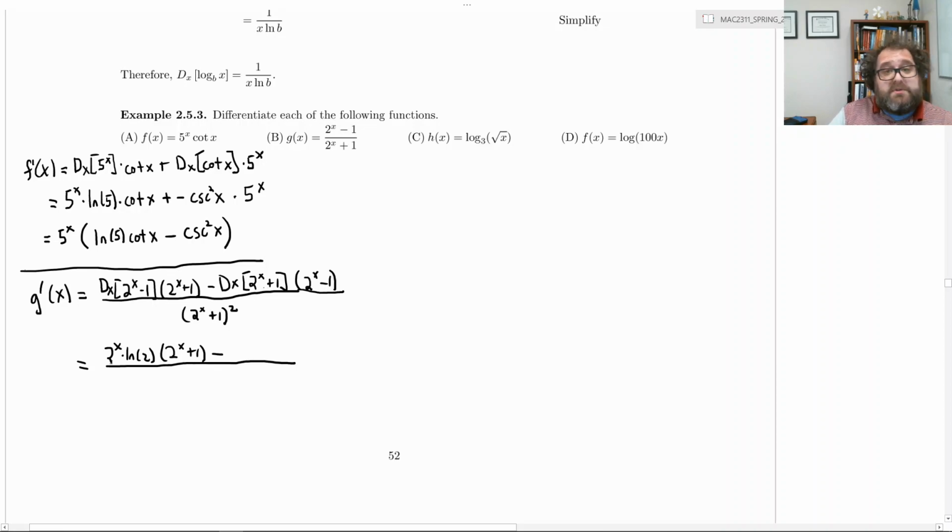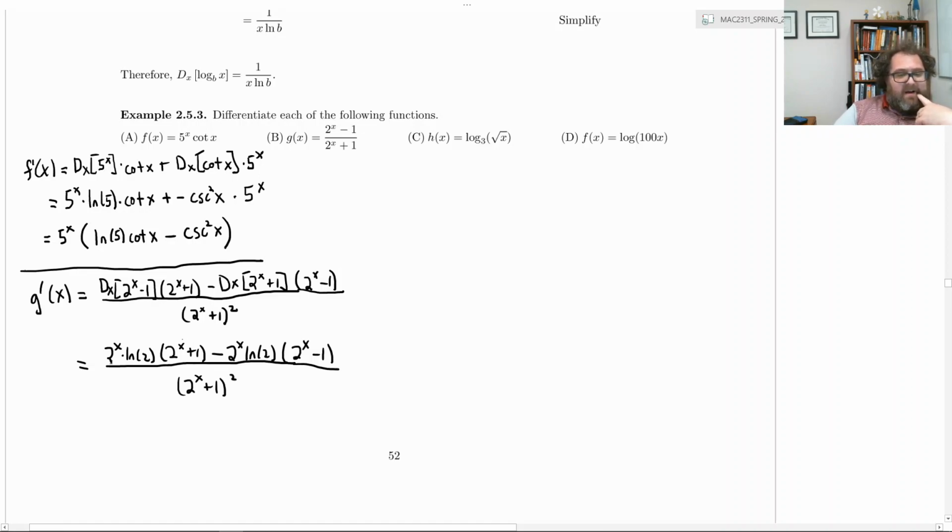Again, the sum difference rule says you can take the derivatives individually, and so you get 2 to the x times natural log 2, and the derivative of 1, of course, is 0, times 2 to the x minus 1, over 2 to the x plus 1 squared.